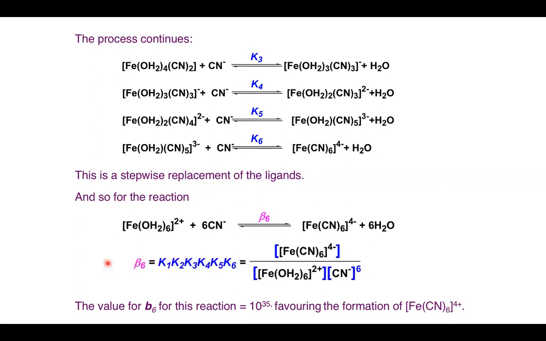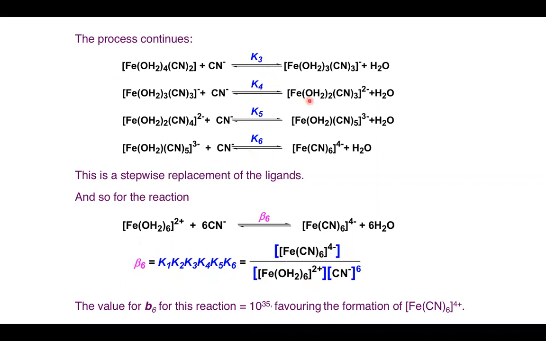Each one of these steps has its own intrinsic equilibrium constant, and we can create an overall stability constant for the 6 reactions as beta 6. And that's going to be the product of each one of the individual equilibrium constants given this form here.